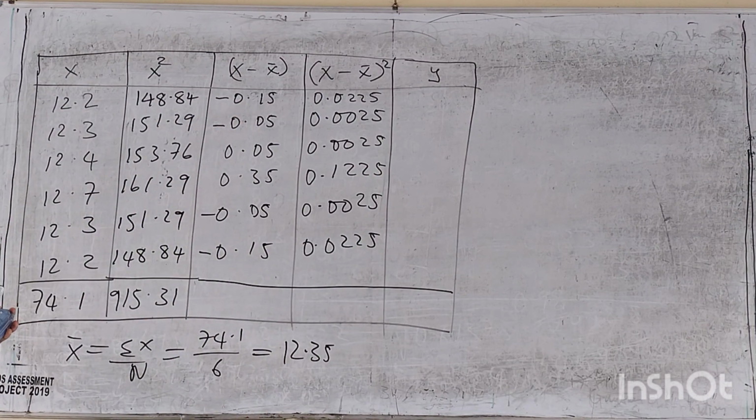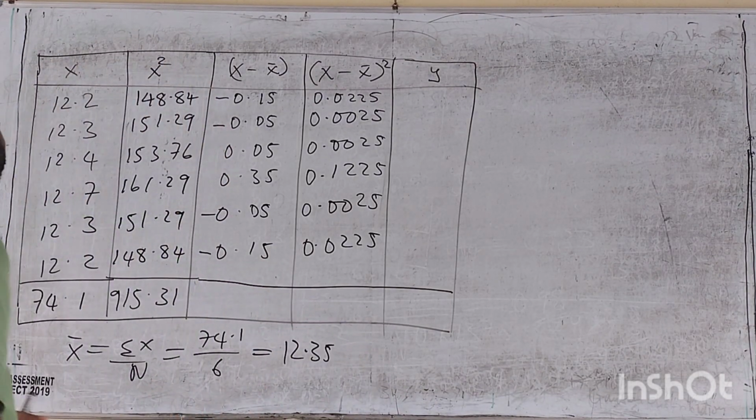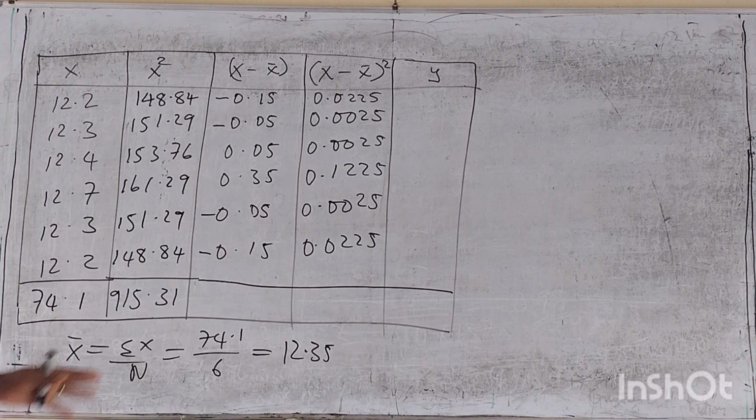Yeah, let me confirm that. 12.35, this squared, is 0.0225. Alright, now back to the Gaussian formula, which we're going to use to get our y. So we've gotten this, we know this.